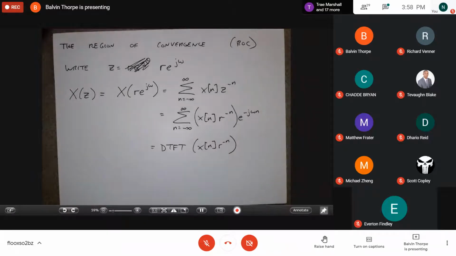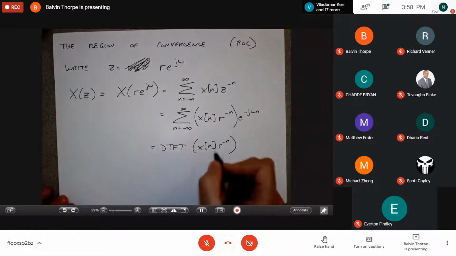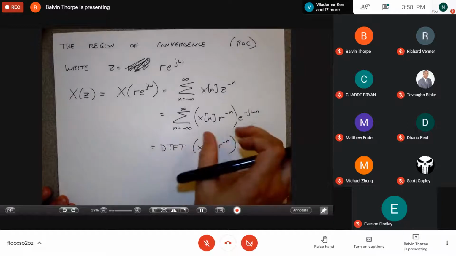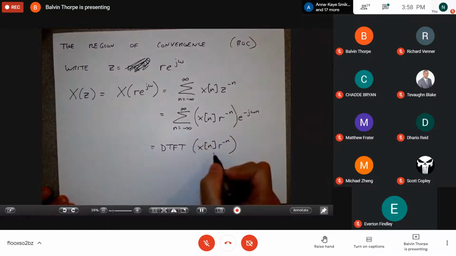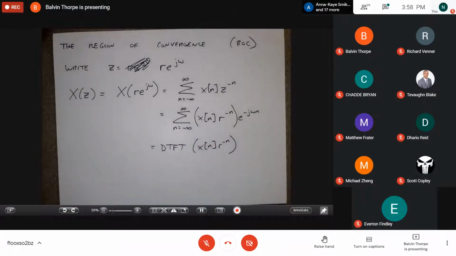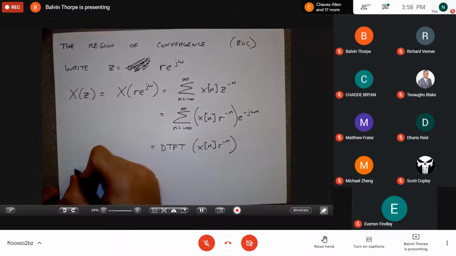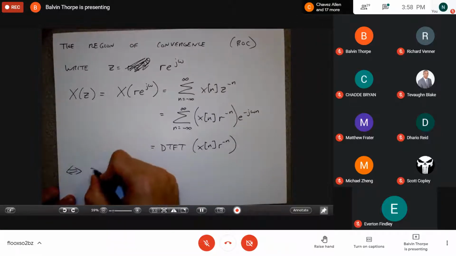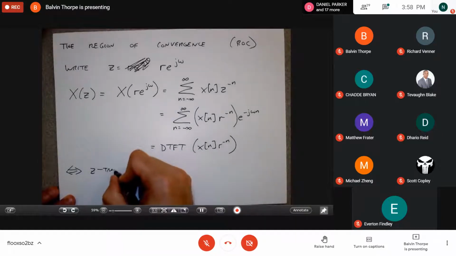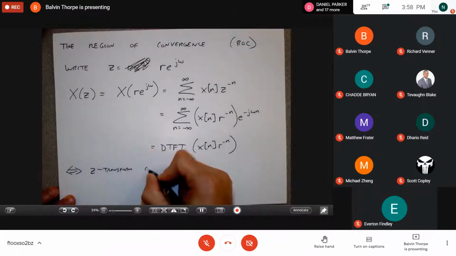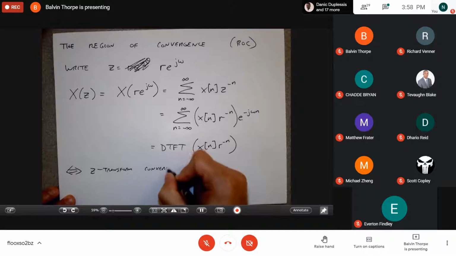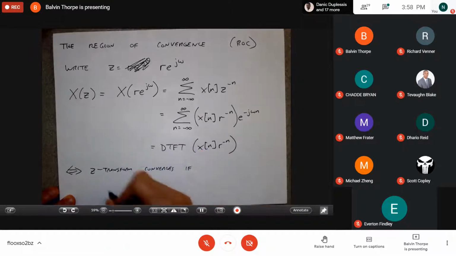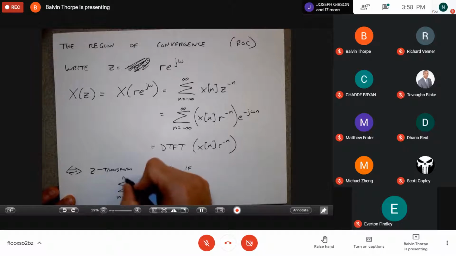So in some sense, I'm taking the DTFT of the original signal modified by this r to the minus n. And so the way I think about this is the Z transform converges if I have the same condition that I had here before.